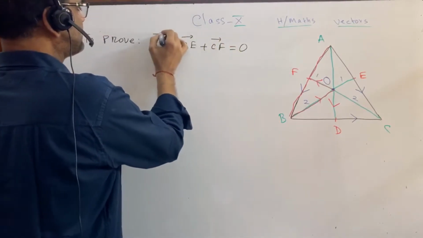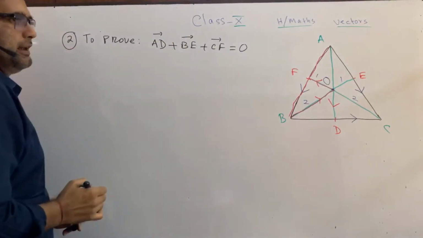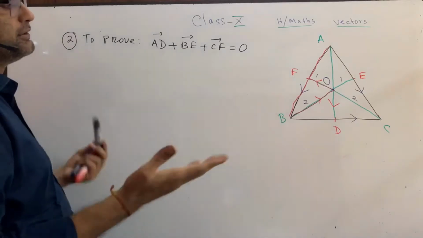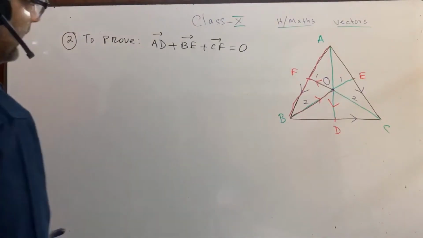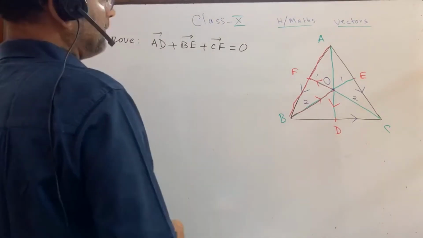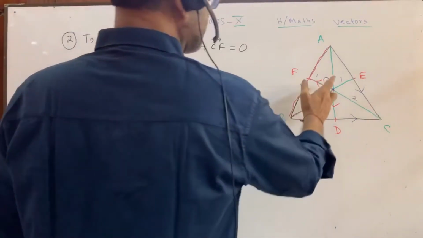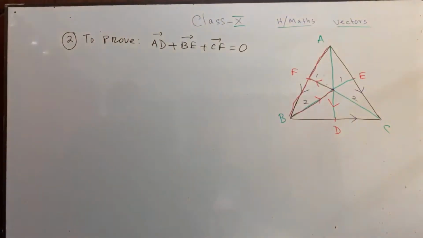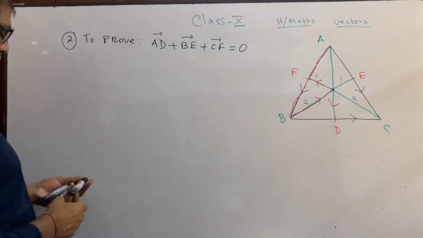That is the sum of the three medians is equal to 0. Okay, now you see, for question number 2, suppose this O is not given. What is to do?